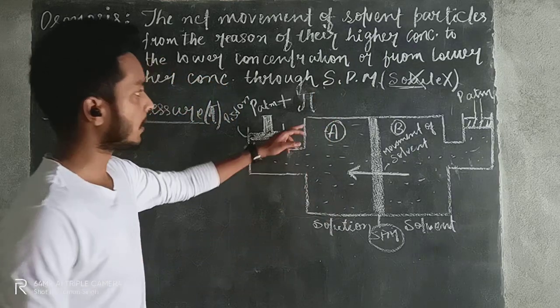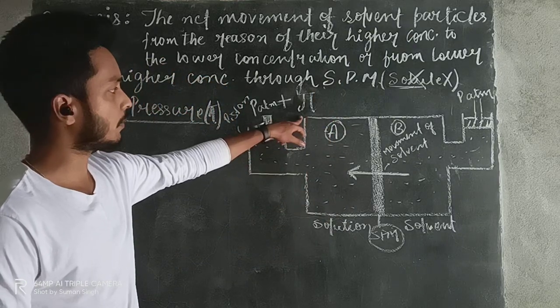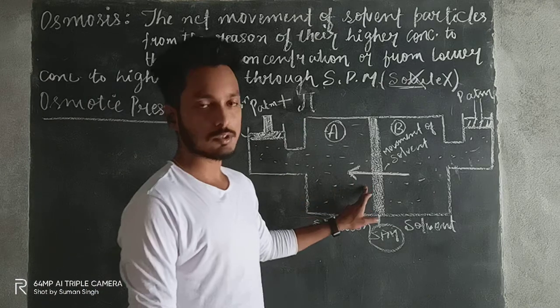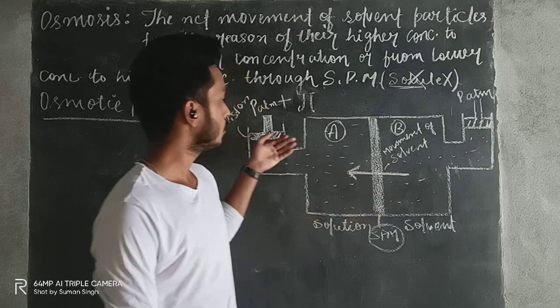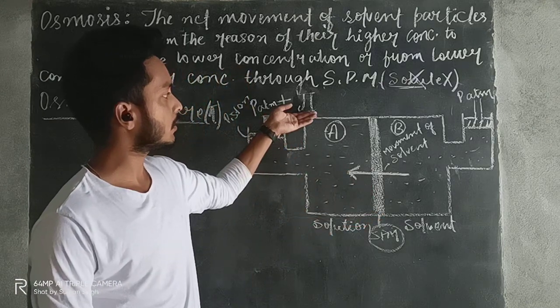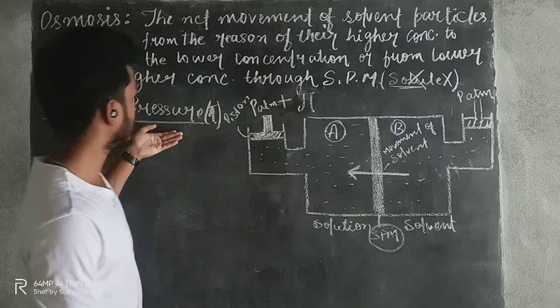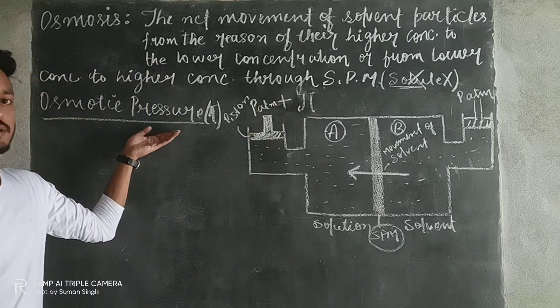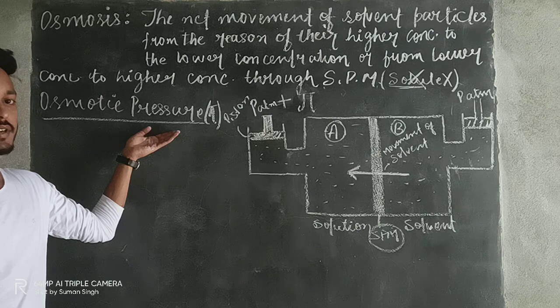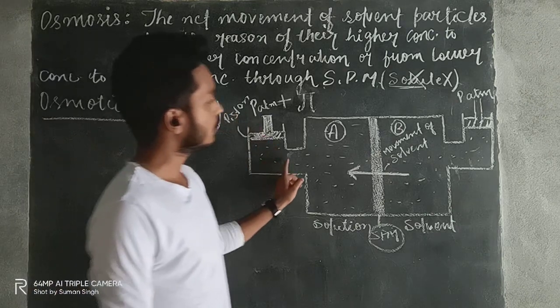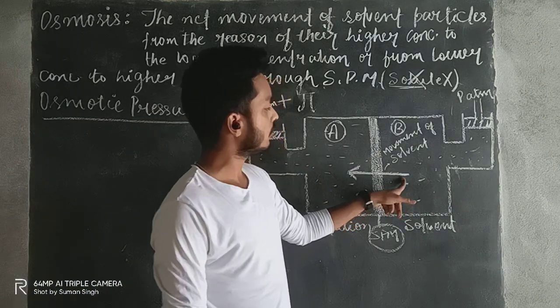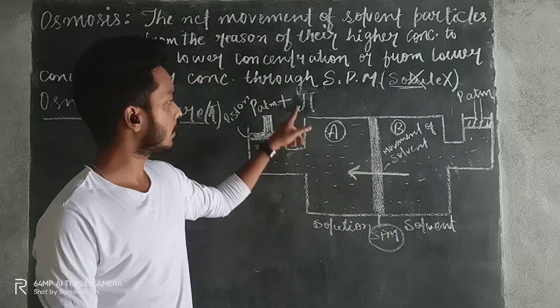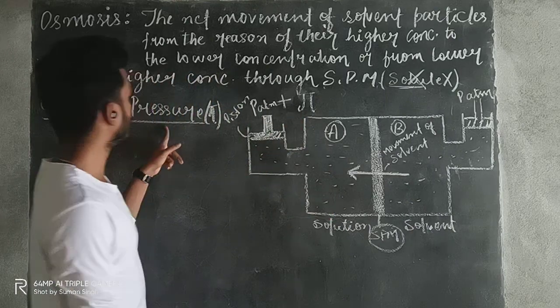Okay, and this pi pressure, the pressure which we are applying to stop the process of osmosis, that pressure is called what? Osmotic pressure. Understood? I hope all of you are getting this. To stop the movement of this solvent particle from this side to this side, we are applying a pressure. That pressure is called what?